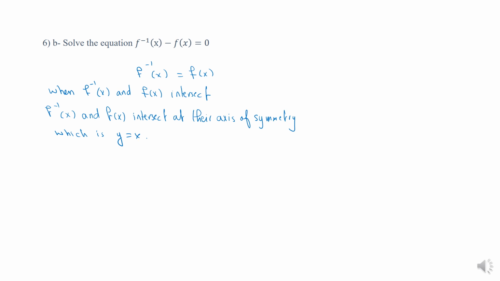So f minus 1 of x equals f of x means that f of x equals x. This is solved in part 4. When f of x equals x, then x will equal alpha. So f minus 1 of x minus f of x equals 0 is equivalent to x equal to alpha, which is between 0.4 and 0.5.